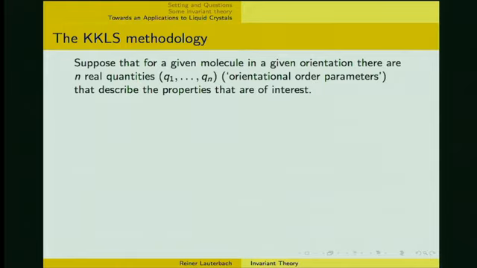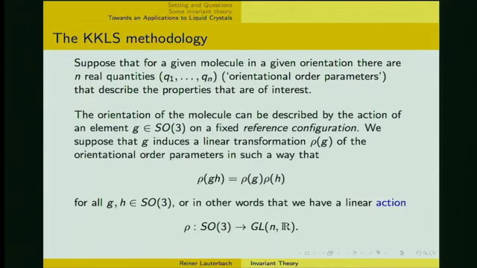We have quantities Q1 to Qn, and they are supposed to describe these properties which are of interest to us. And we have an element g in SO(3) which describes the orientation of the molecule with respect to a fixed reference configuration.